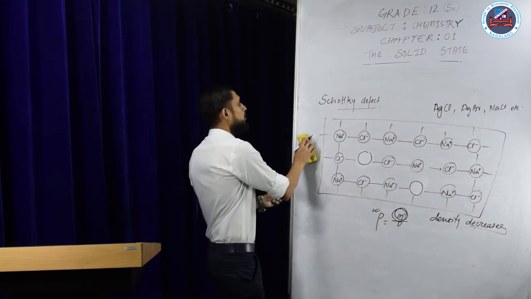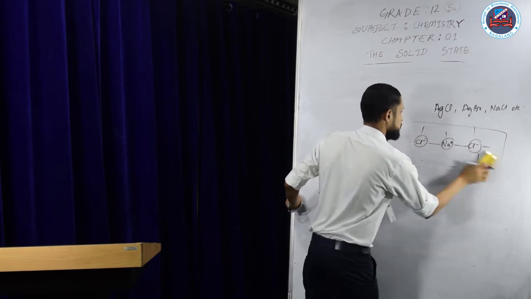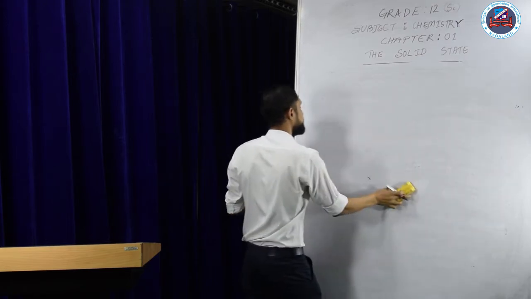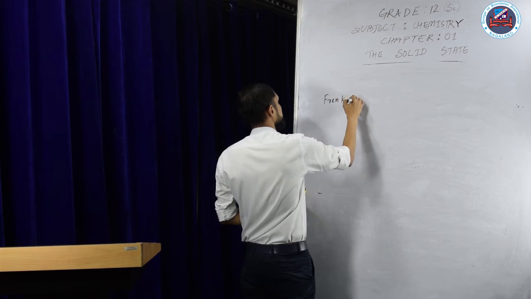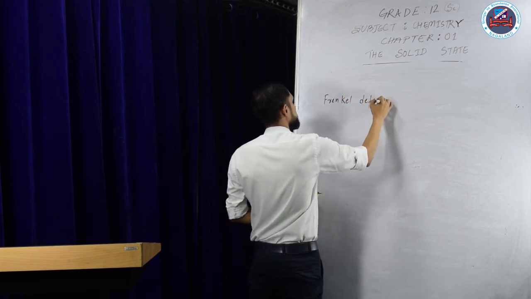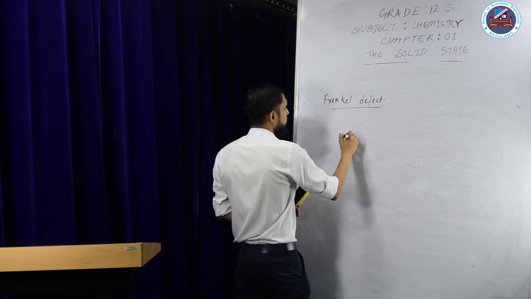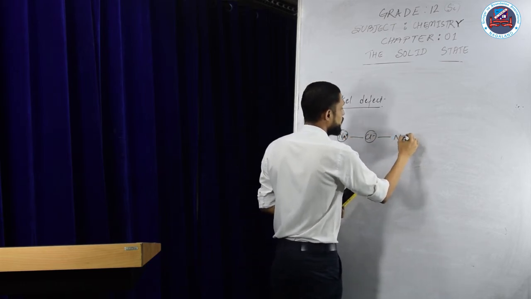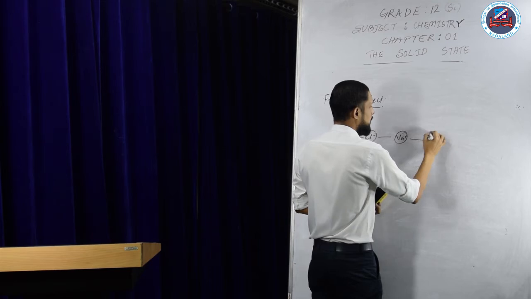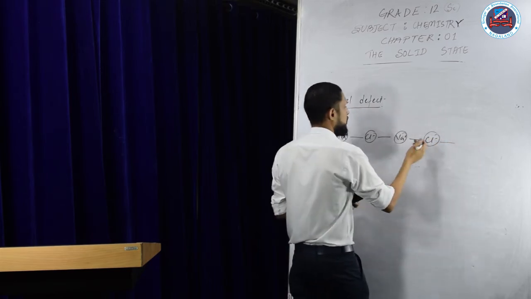Next, let us see Frenkel defect. In Frenkel defect, this is the arrangement of ions, that is positive ion and negative ion. We'll take the example of sodium chloride again.